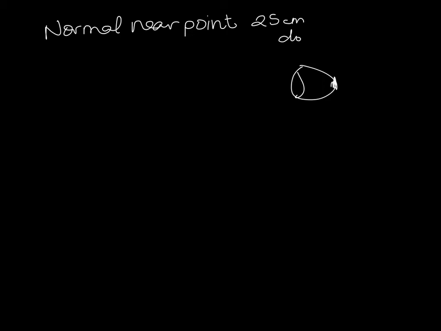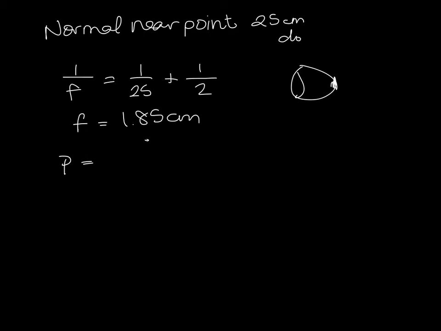So 1 over f is equal to 1 over 25 plus 1 over 2. So your focal length comes out to 1.85 centimeters. So for our power, change that to meters, 0.0185 meters, is 1 over 0.0185, which comes out to 54 diopters. So that's normal close vision.